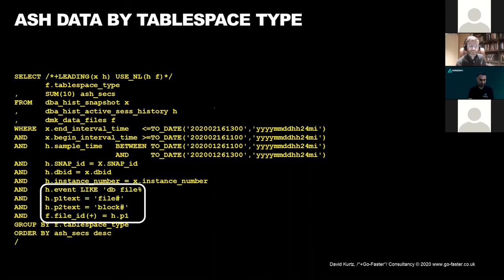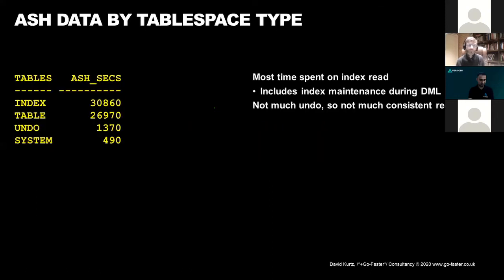Like that. And now I'll get a profile for how much single block I/O is going on in which type of table space. Well, when we did this, it disproved the undo table space speculation. It can't be read consistency because we're not doing much single block I/O from the undo table space. It must be something else.